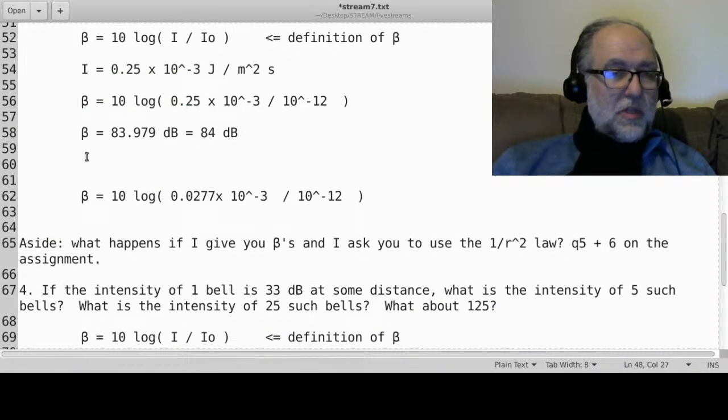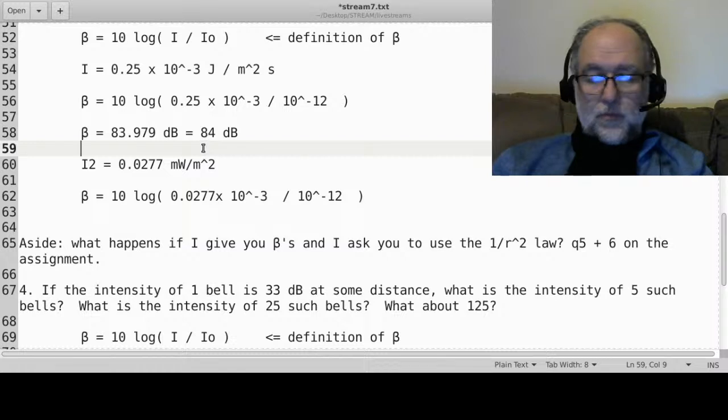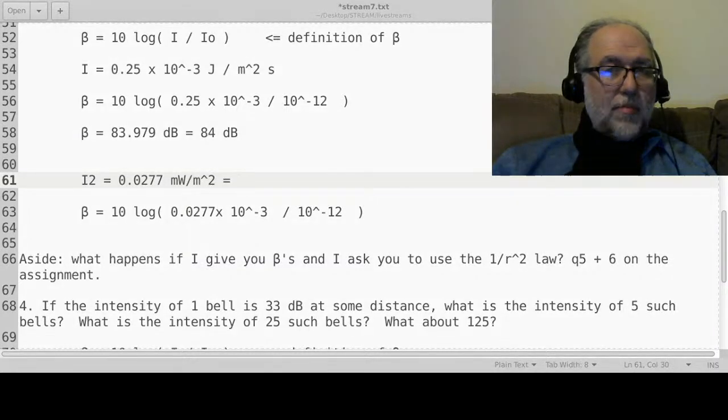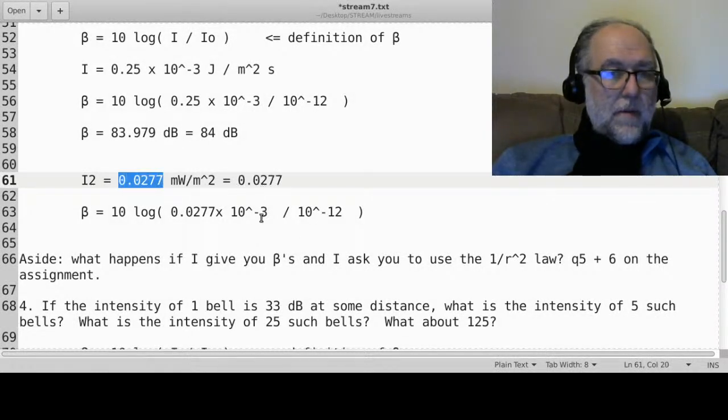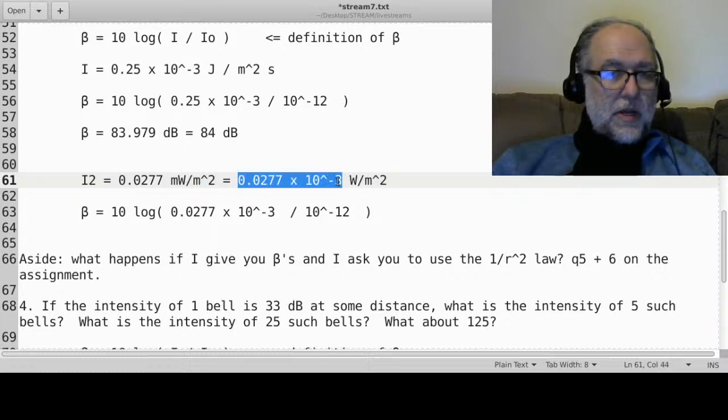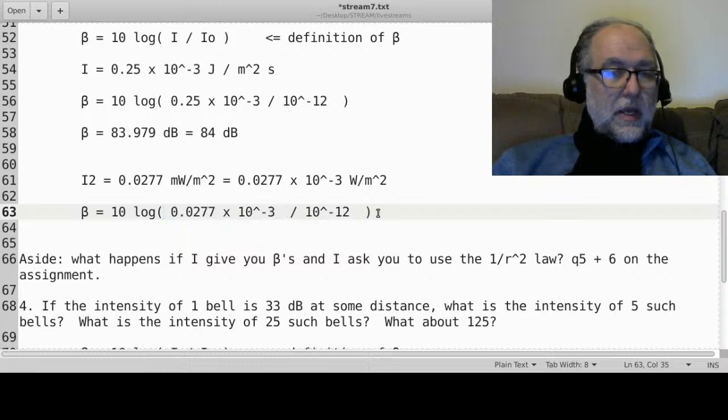I wanted to express both of these like that, and remember, milli isn't MKS, so that number there is multiplied by the 10 to the minus 3 piece, because that 10 to the minus 3 is the milli, and then watts per meter squared.